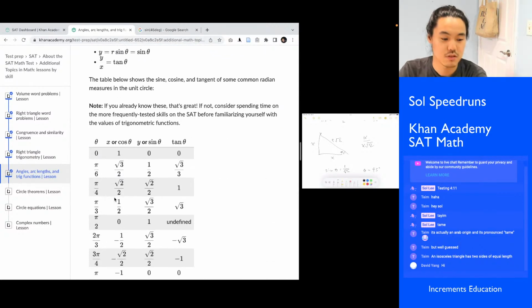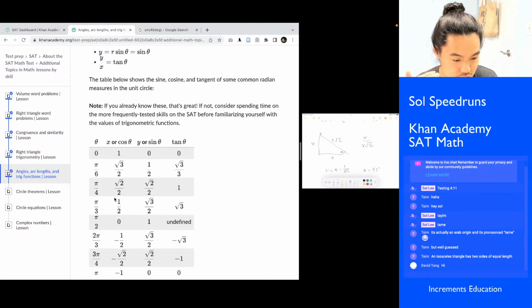Pi over 4. That's an eighth of a circle. That's a fourth of 180. That's a half of 90. That's 45 degrees. So it should be 1 over square root of 2.